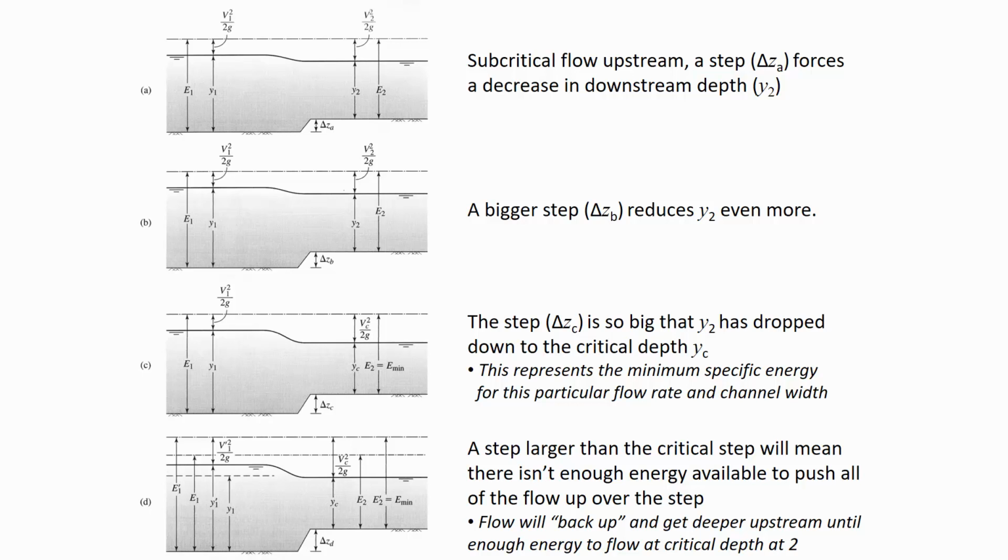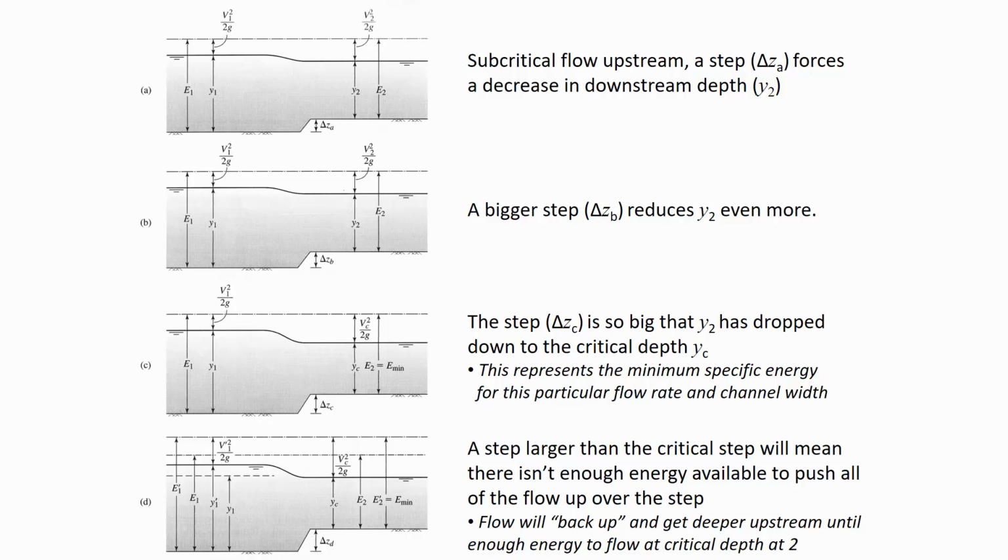So let's say we go beyond that boundary. I mean, physically it's possible to make the step a little higher. So if we do, what has to happen is that the water depth upstream needs to get deeper so that there's enough energy to overcome the obstacle. So for a few minutes, we have unsteady flow. And unsteady flow means that the water depth is increasing upstream until it gets to y prime 1.